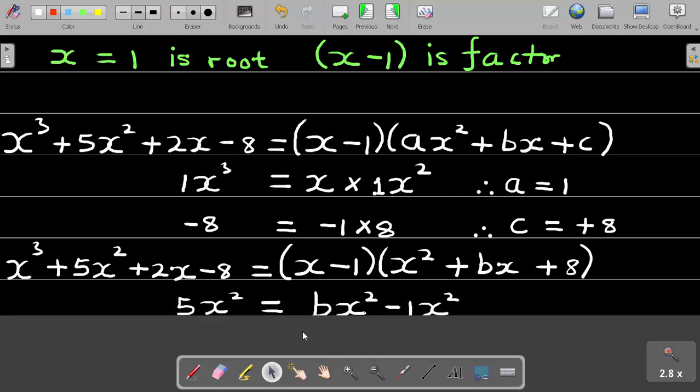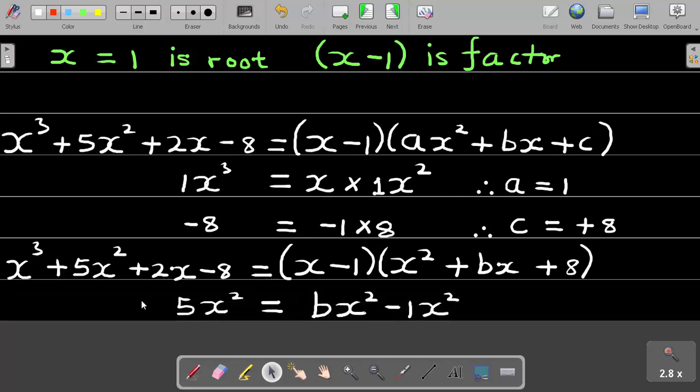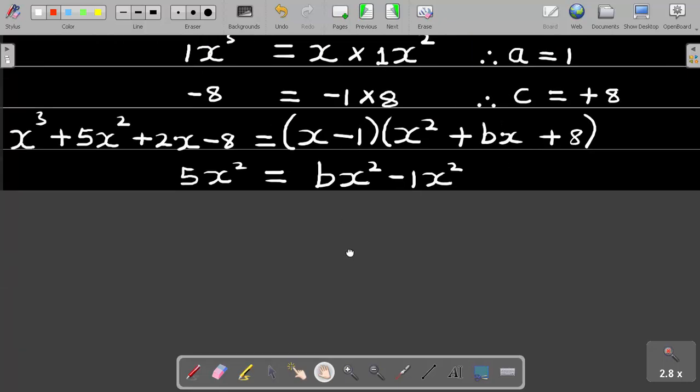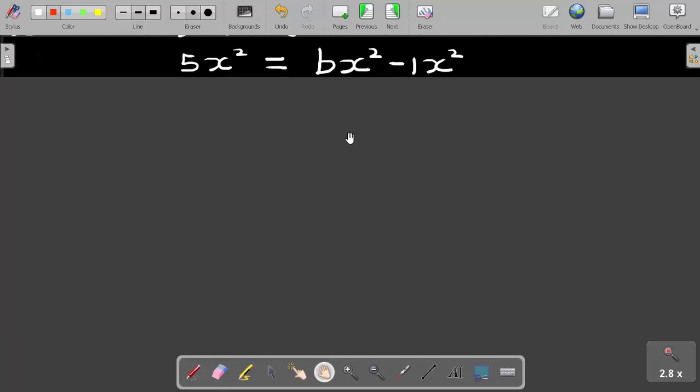Okay, so what do I do here? Now if I look here, I have 5x squared this side. What about here? I can say x times bx gives me bx squared, or I can say negative 1 times x squared gives me negative 1x squared. So now if I take out x squared here and compare the coefficient of x squared, I'm going to say that 5 equals b minus 1.